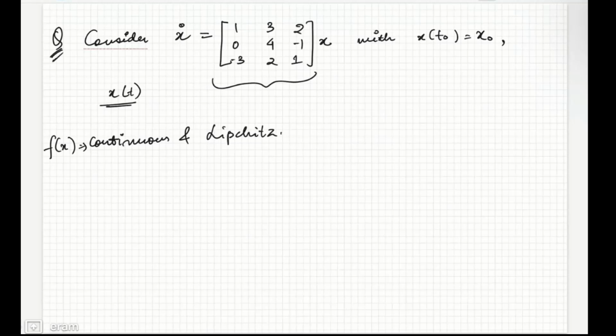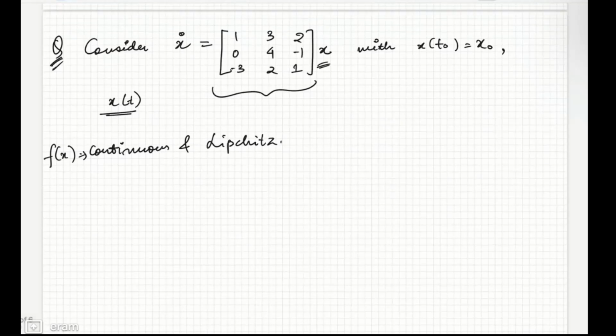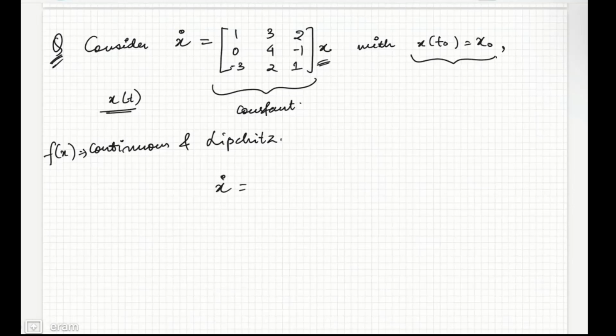Continuity, obviously there is no discontinuous point, and whether this is Lipschitz or not, obviously it is, because A is a constant matrix. So there always exists a unique solution for any initial value problem for an autonomous linear system. If we have any autonomous system of this form, with initial condition given, there will always exist a unique solution.